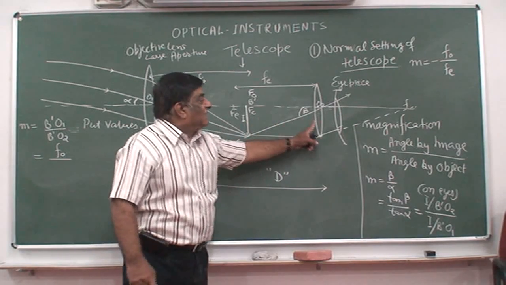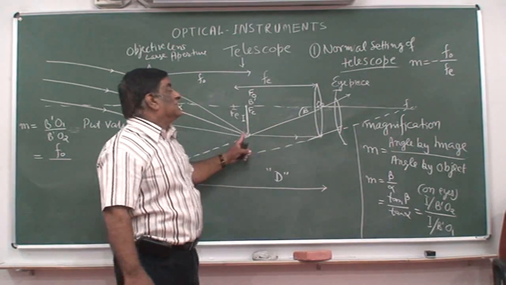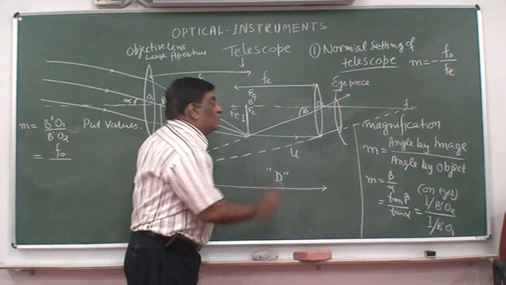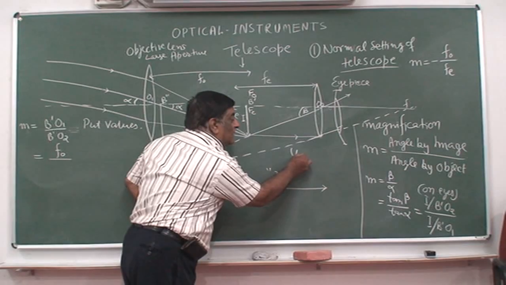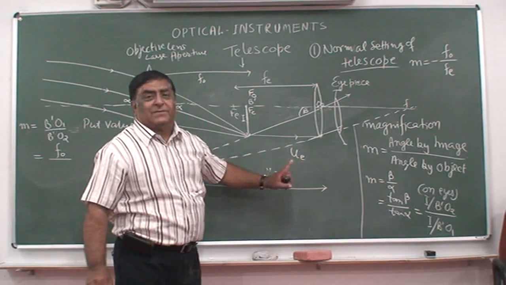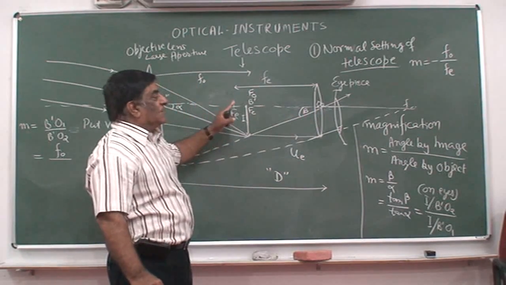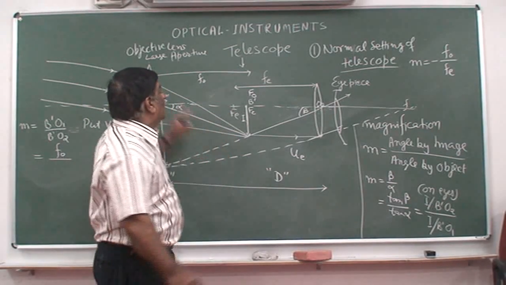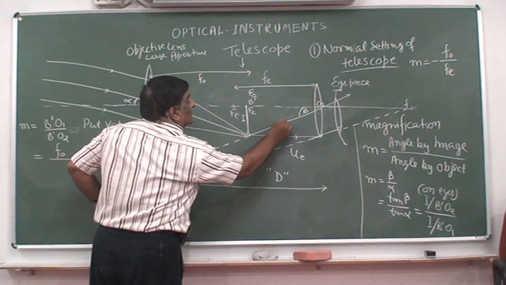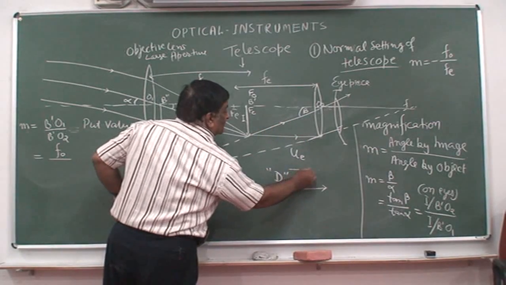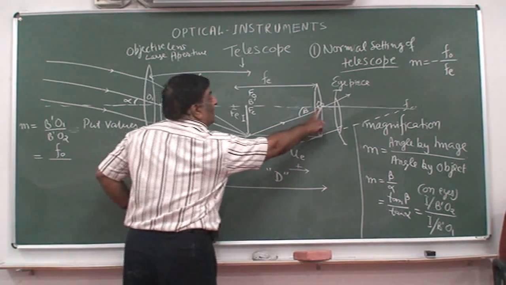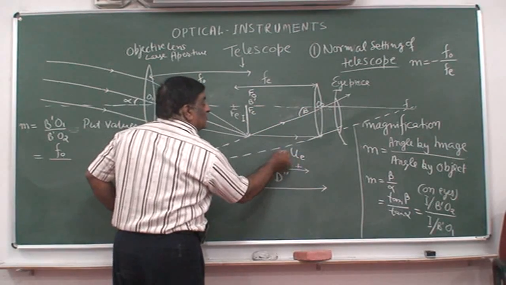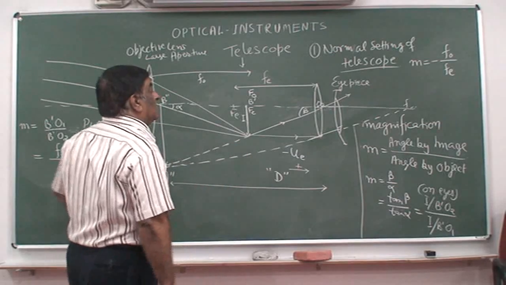If this is the object for this lens, then this distance will be termed as U, U for eyepiece, I put E here. Now this is on the left side from where the rays are coming. The positive direction is the direction in which rays are going. We are measuring it on this side, so this UE will be minus.